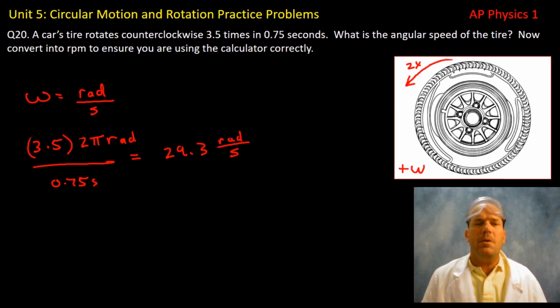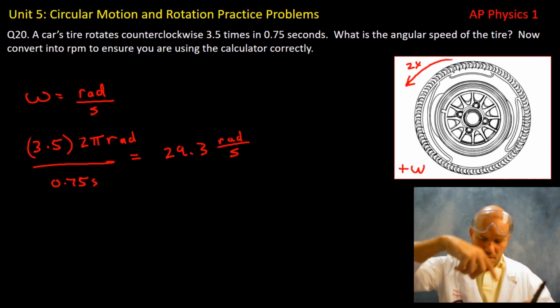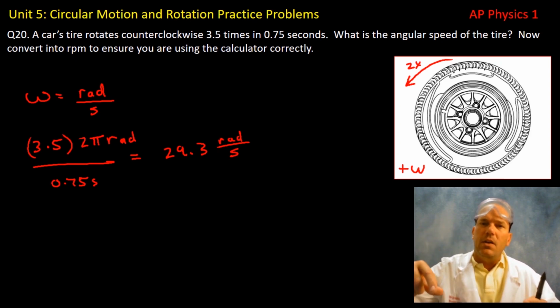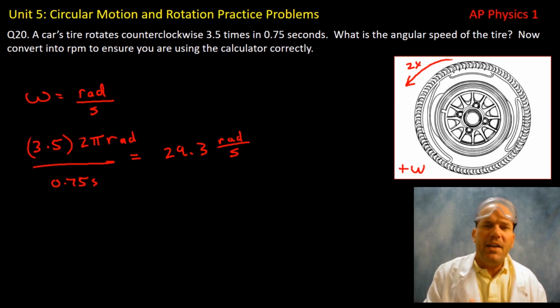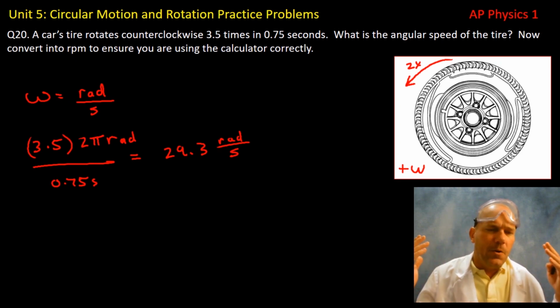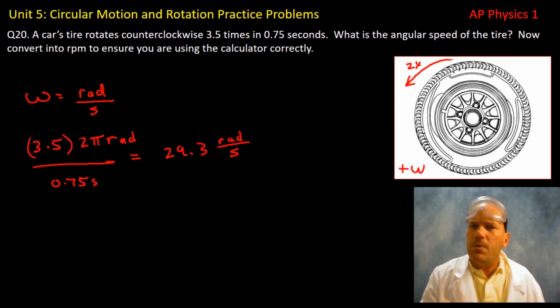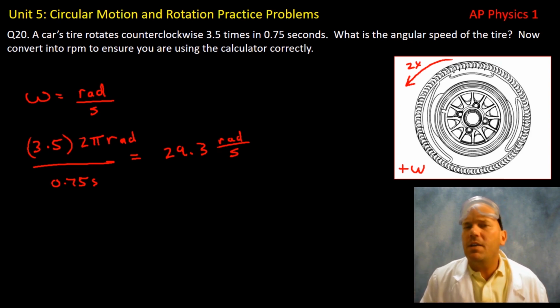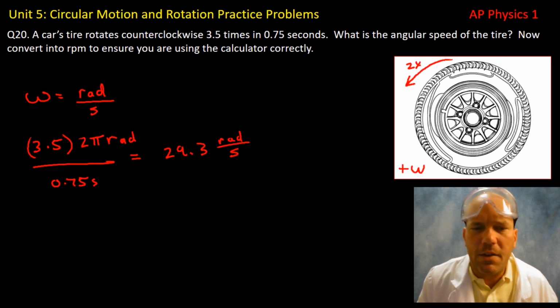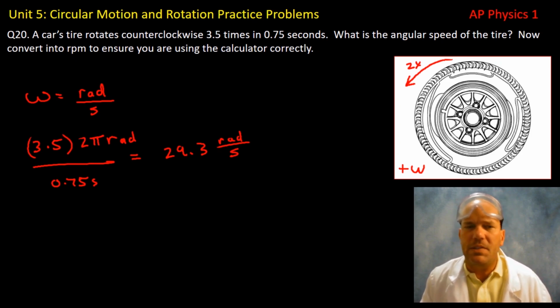And remember that it's that distance around the circle or circumference divided by the amount of time it takes to complete. So we're told that it's doing 3.5 times 2 pi radians in less than 1 second. If we divide that, we end up with an answer of 29.3 radians per second.